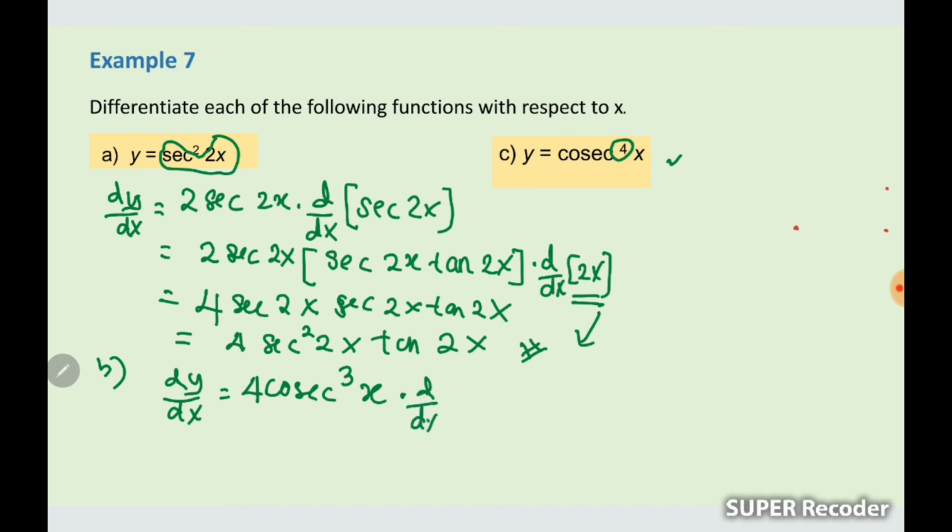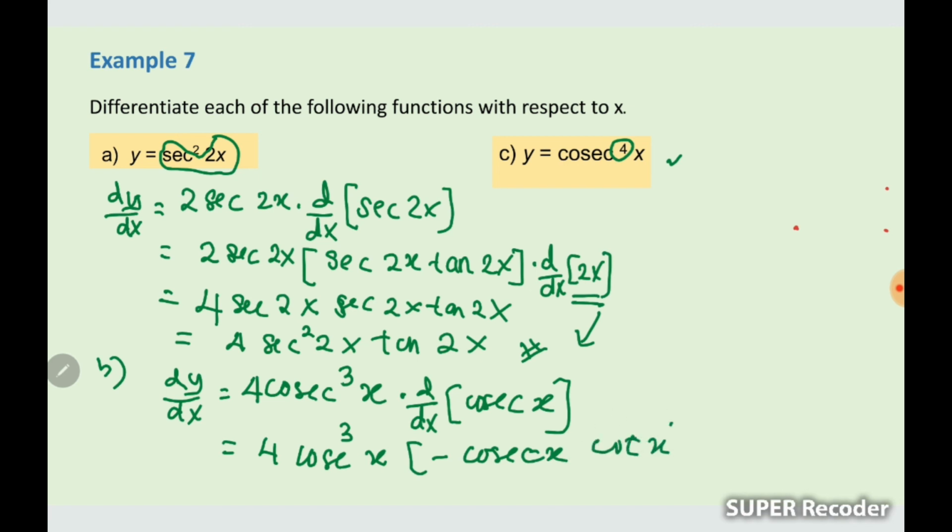You have to differentiate cosecant x. So the answer is 4 cosecant x to the power of 3. Differentiate cosecant, the answer is negative cosecant x cotangent x.